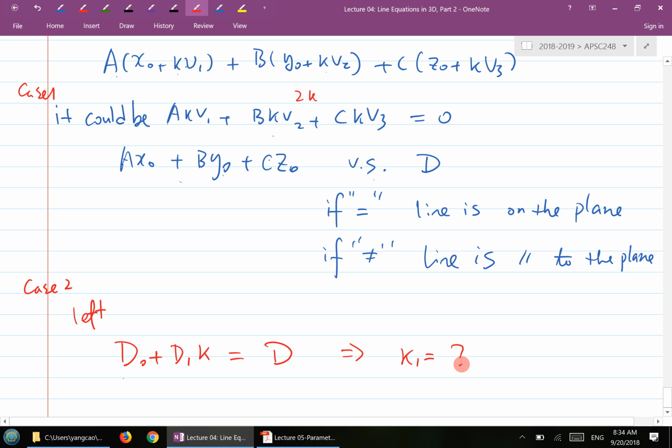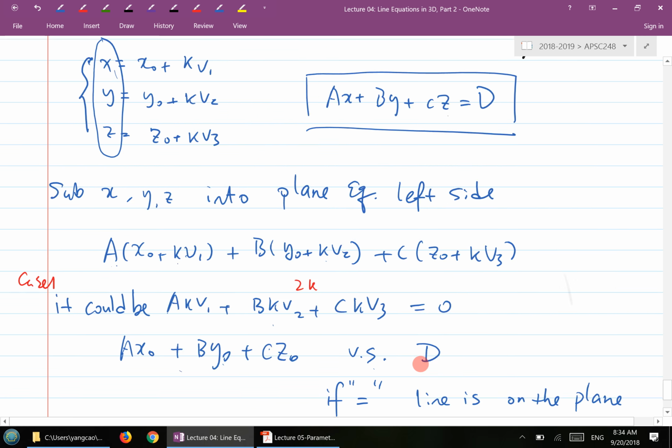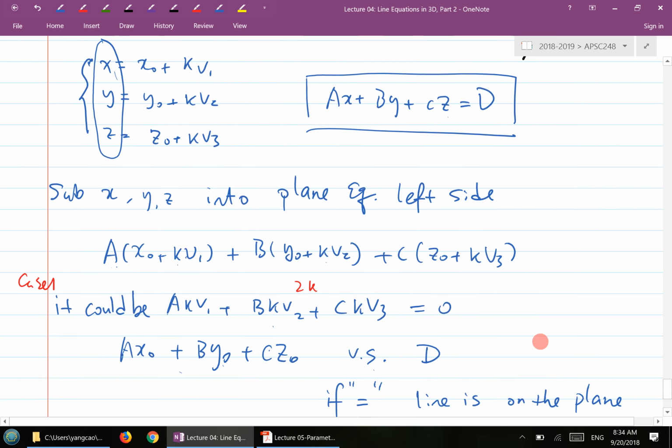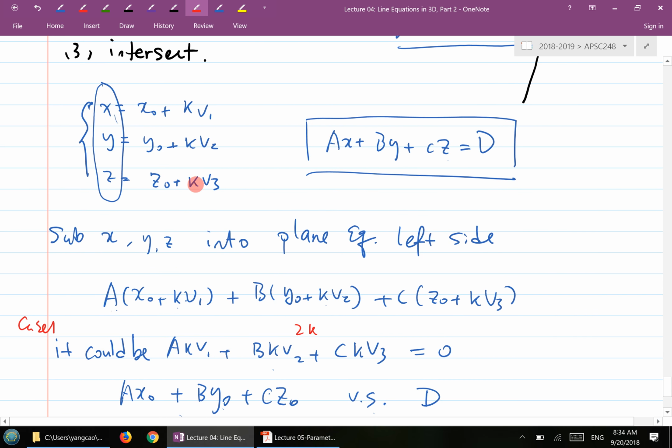Okay, any questions so far? Yeah, so there are no numbers in here. It's all general expressions. Yes. You substitute the k1 back, not a k1, it's a k, right? You substitute the k value, whatever you calculate from here, back into the line equation, and you will get a set of coordinates x, y, z, and that's your intersection point coordinates.